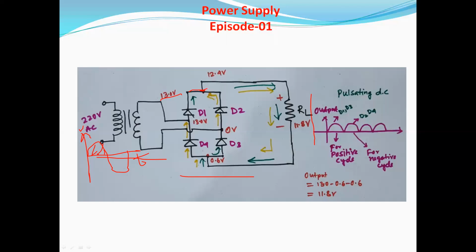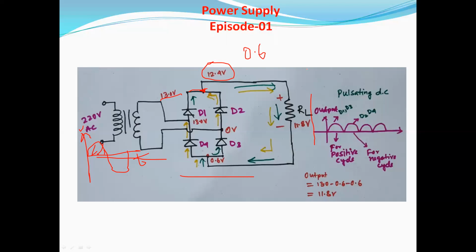And after diode D1, we get 12.4 volt. 0.6 volt is the diode conduction voltage drop.